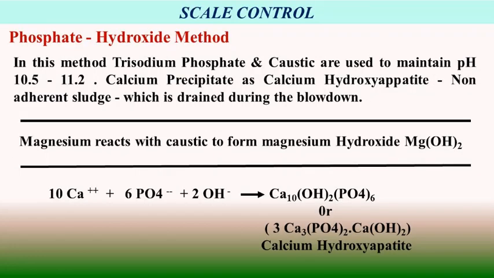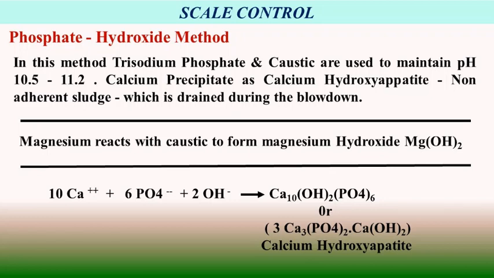To prevent internal scaling in the boiler tubes, we adopt the phosphate hydroxide method. In this method we dose trisodium phosphate and caustic to maintain pH within the range of 10.5 to 11.2, and calcium in the water precipitates as calcium hydroxyapatite, which is a non-adherent sludge and can be drained through the blowdown arrangement in the boiler drum.